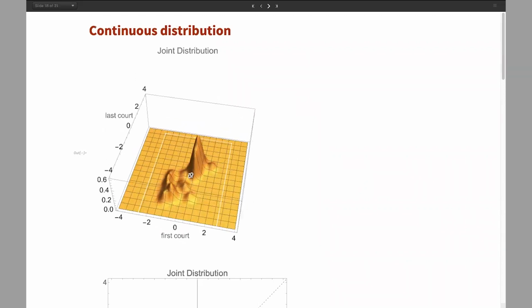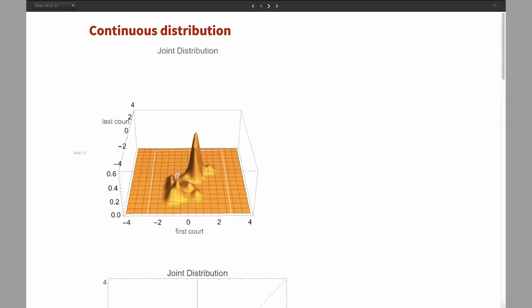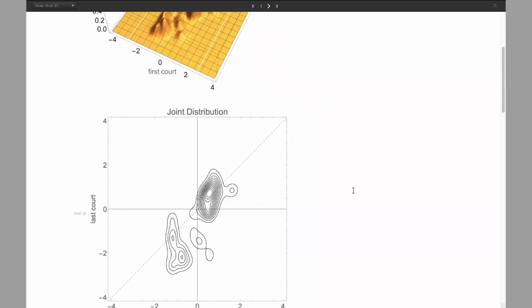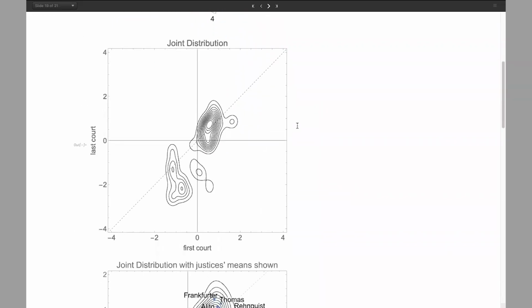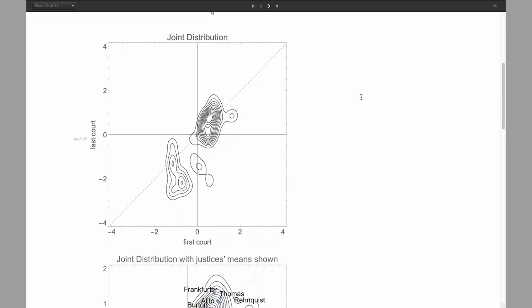Here's the joint distribution in continuous terms for what we were just looking at. It's probably easier to see here in this contour plot. And you can see there's a big mass right here on the conservative side. This 45-degree line is if you didn't move.